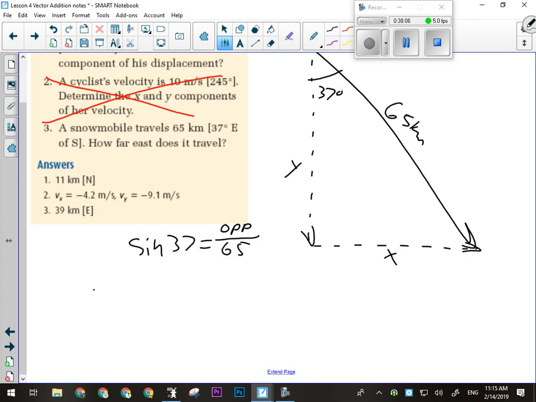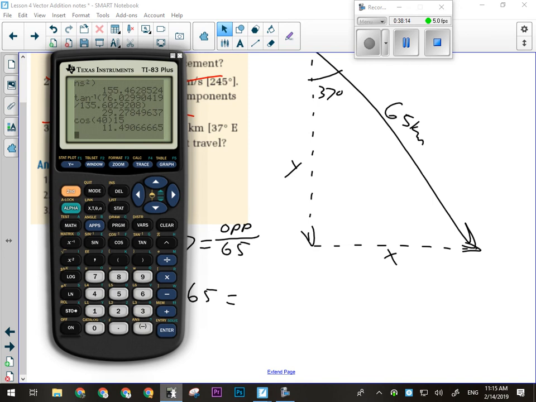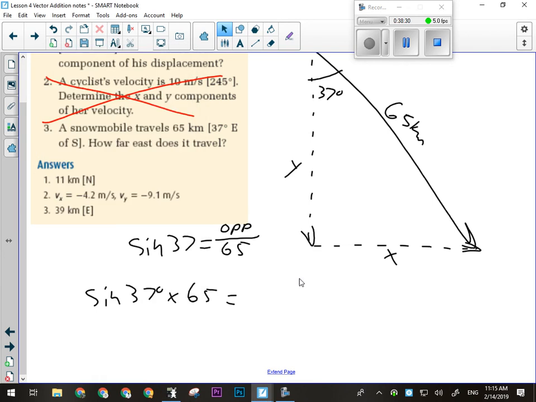That means the sine of 37 degrees times 65 will give me x, or the east component of that vector. So in this one, I go 39 kilometers east. That's my x component there.